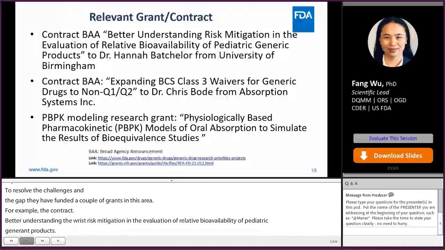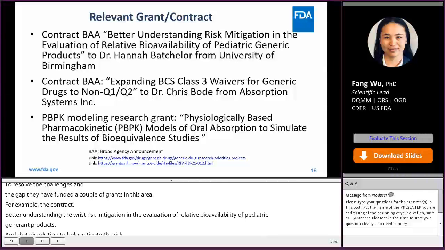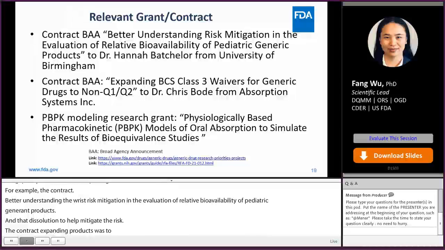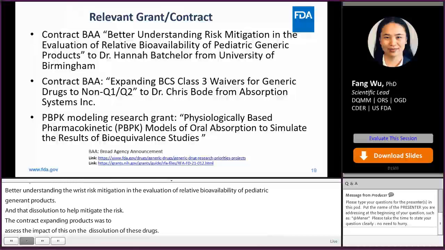The contract Expanding BCS Class 3 Waivers for Generic Drugs to non-Q1, Q2 Products is to assess the impact of excipients on the dissolution and permeation of BCS Class 3 model drugs in solid oral dosage forms. The research results could increase the confidence of using certain amounts of some excipients.